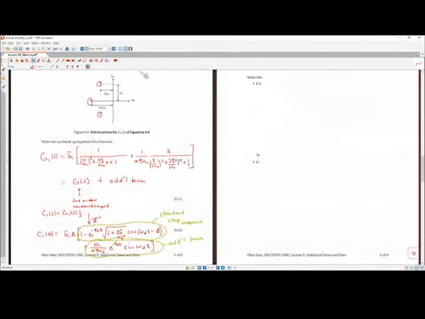So this should say if alpha greater than 0, that means left half plane zero, term adds to response, will increase overshoot.